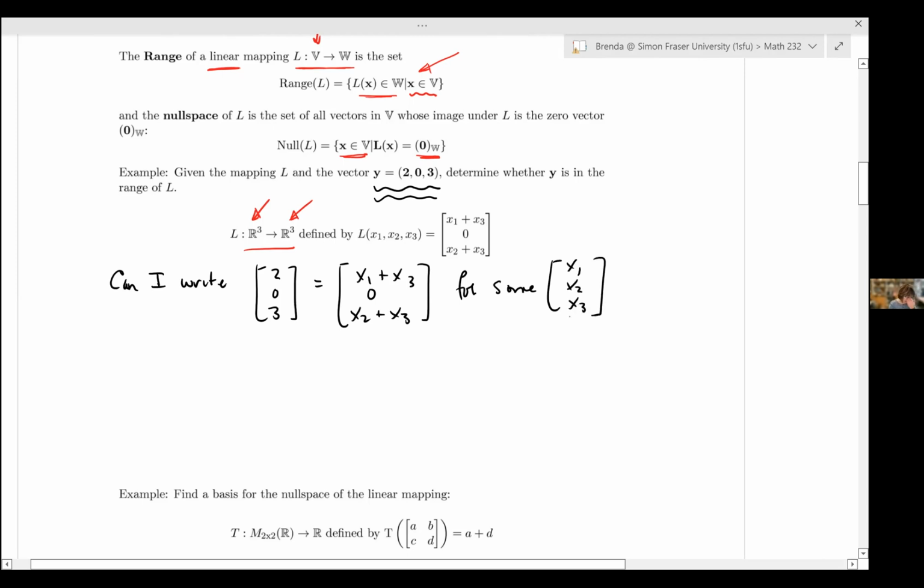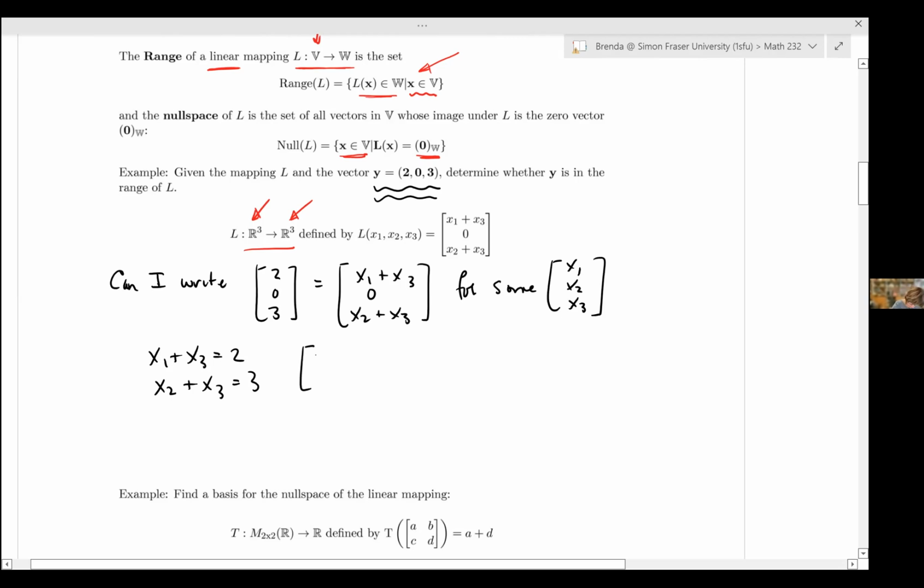Okay, well, you can see what has to happen for this to be possible. I have to have a system where x1 plus x3 is equal to 2, and where x2 plus x3 is equal to 3. And that is 3 unknowns, two equations.